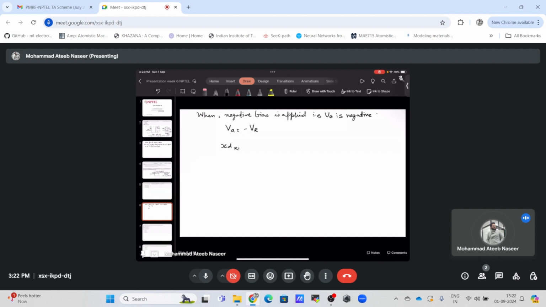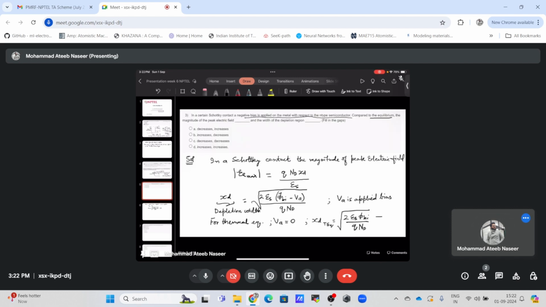It is simply 2 times epsilon s times (phi bi, minus of minus will be plus, VR) divided by Q ND. Let me write this as equation 2 and the earlier one as equation 1.